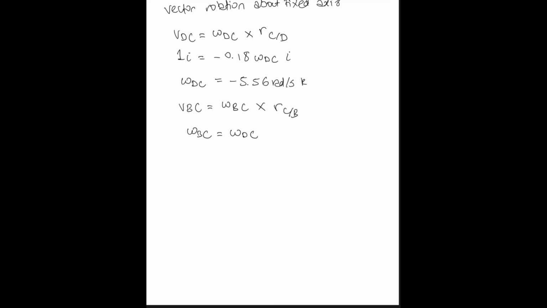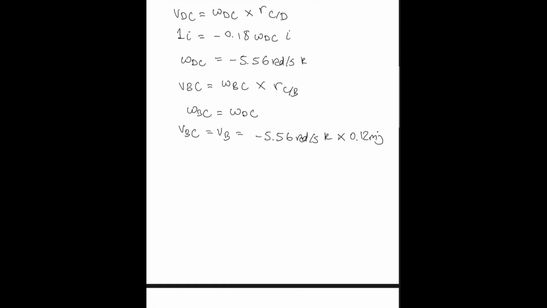Therefore, we're going to sub in our known values, which is VBC, which is equal to VB, is going to be equal to minus 5.56 radians per second, cross product 0.12 meters J, to give us a value for the velocity of B equal to 0.667 meters per second in the I direction.